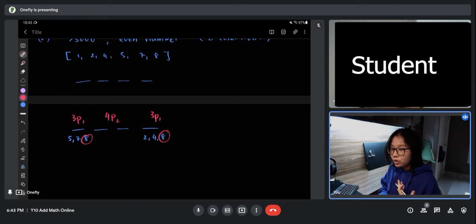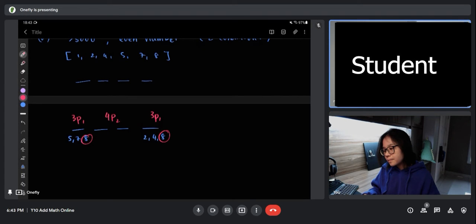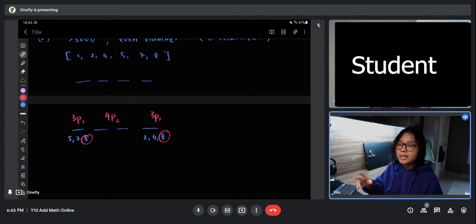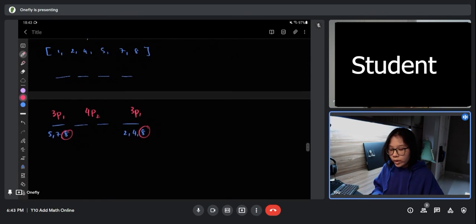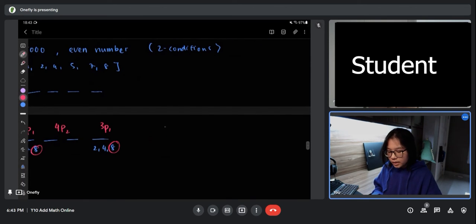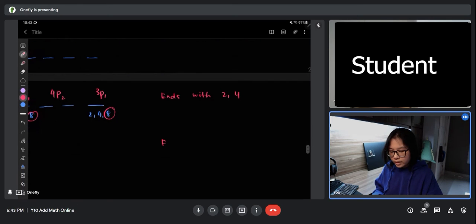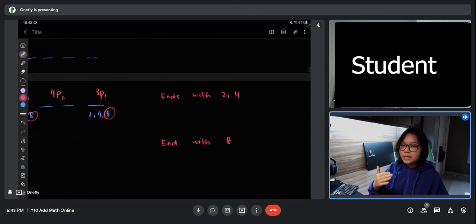So what we can do is look at it in two scenarios: where the number ends with 2 and 4, and also ending with 8. So here is what I've just done.